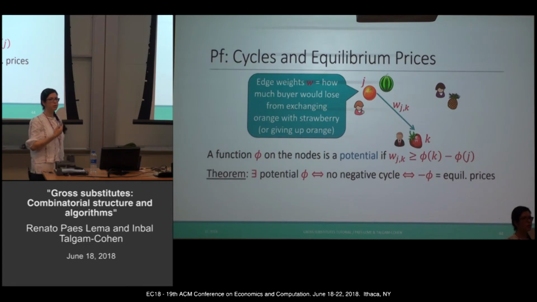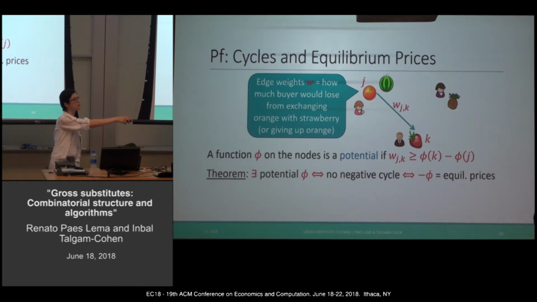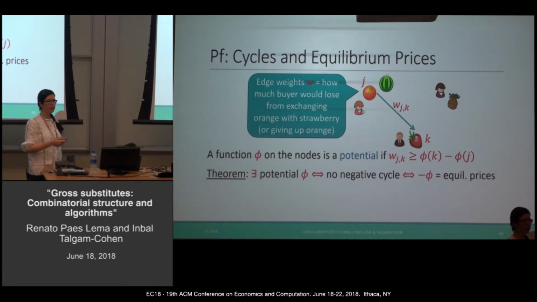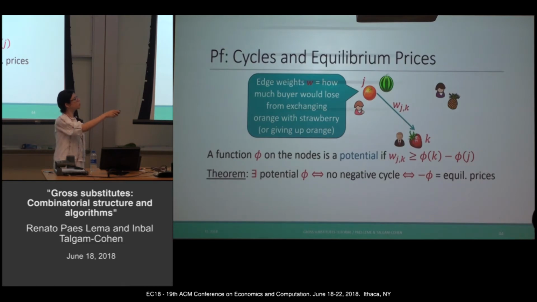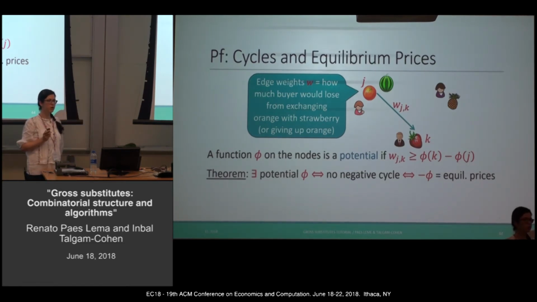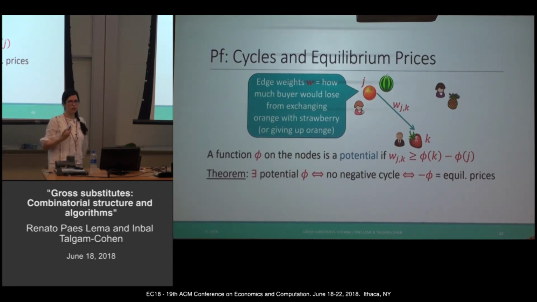So there exists a potential if and only if there's no negative cycle in the graph, if and only if minus these potentials are equilibrium prices. OK, actually this theorem can be strengthened. Let me just mention that because we're working in a gross substitute market, clearly equilibrium prices exist. And so we already know there are no negative cycles in the exchange graph.